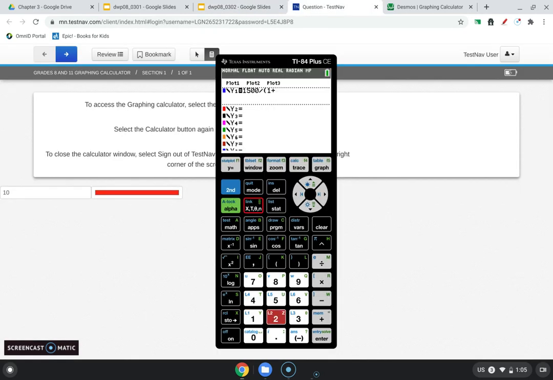I didn't have it typed in right anyway. 29 e to the negative 0.9x.